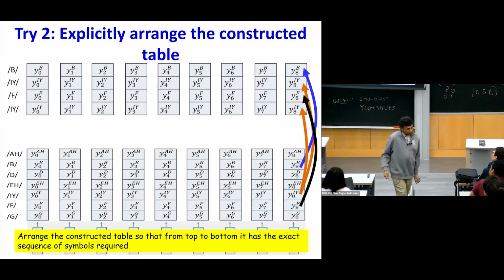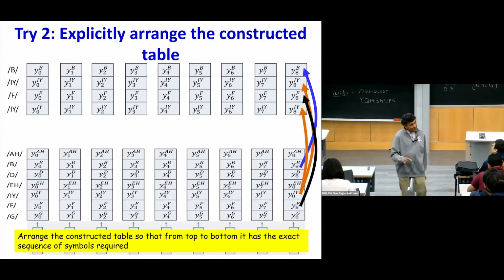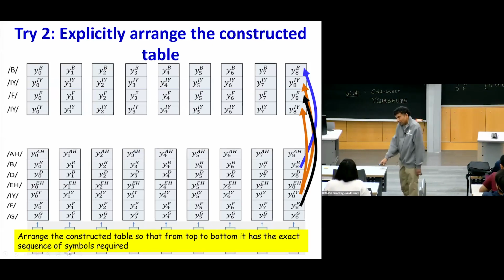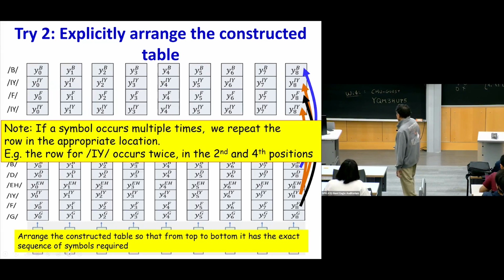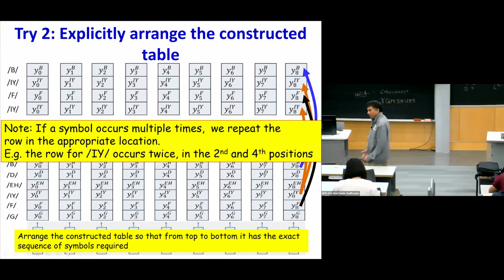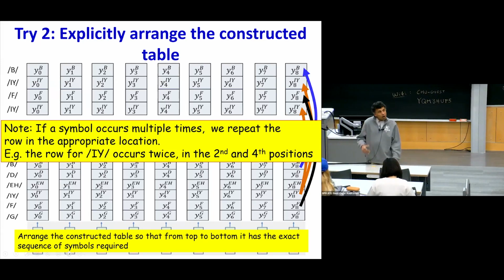I'm going to pull out f and make it the third row of my updated table, and then e again as the fourth row. Observe that because e occurs twice in beefy, in the modified table I actually have two identical rows, one in the second position and one in the fourth position.